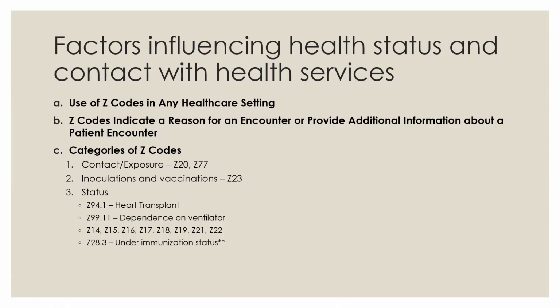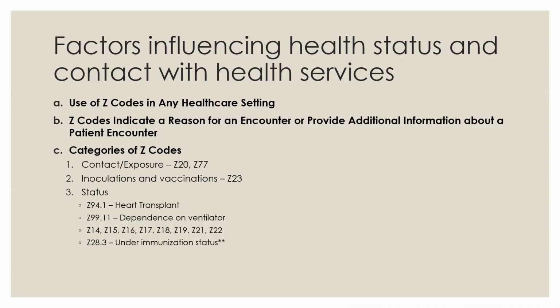We have several Z status codes. So we have Z14. This is a genetic carrier status that indicates a person carries a gene associated with a particular disease, which may be passed to offspring who may develop that disease. The person does not have the disease and is not at risk of developing the disease.